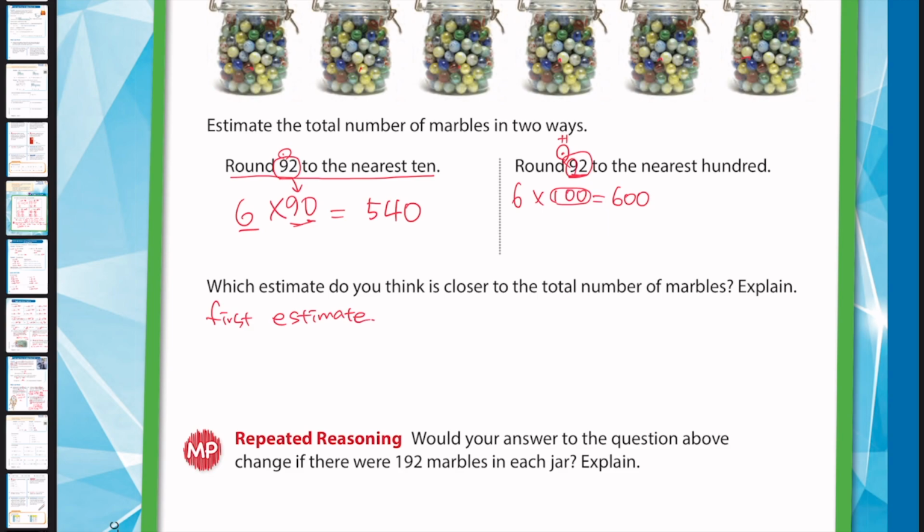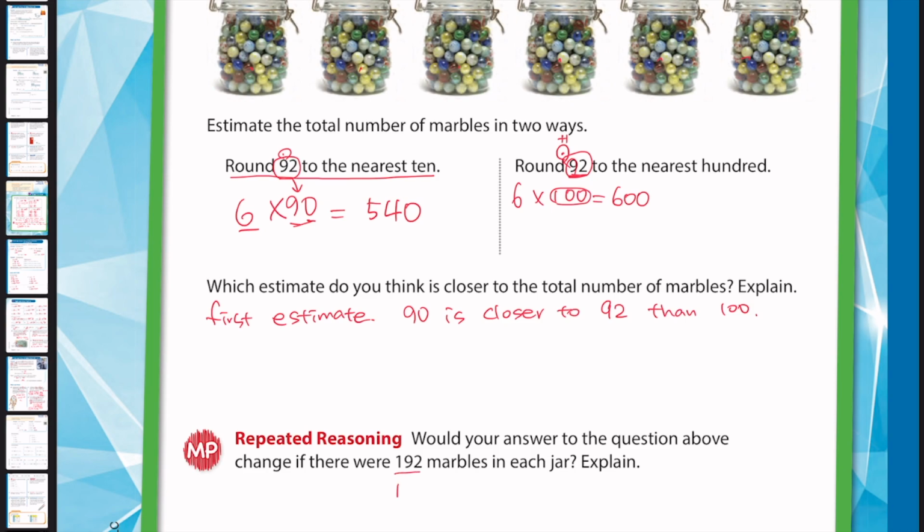And how can you explain? Yes, 90 is closer to 92 than 100. Okay, that's it.